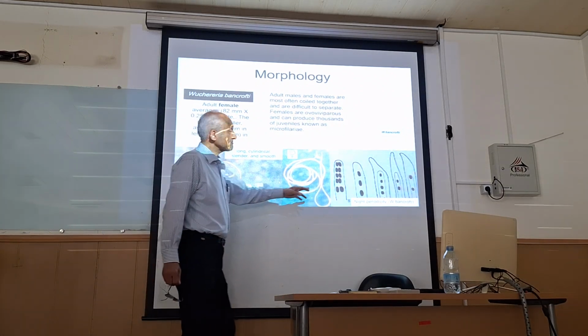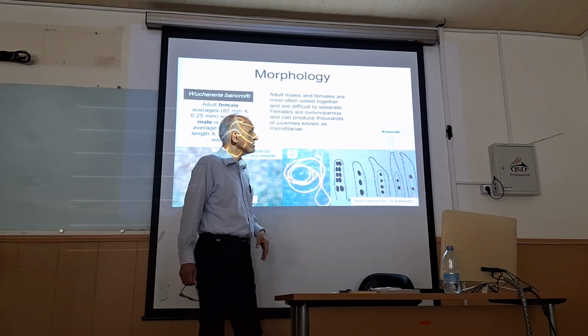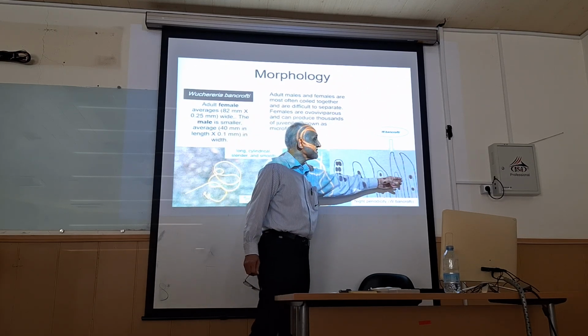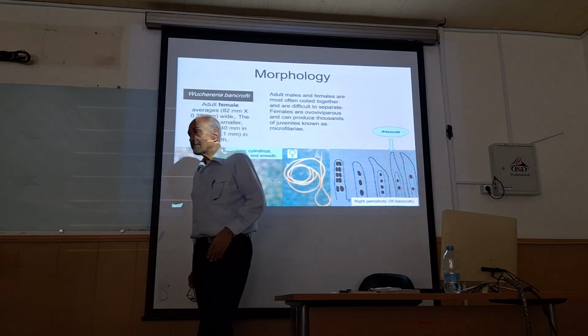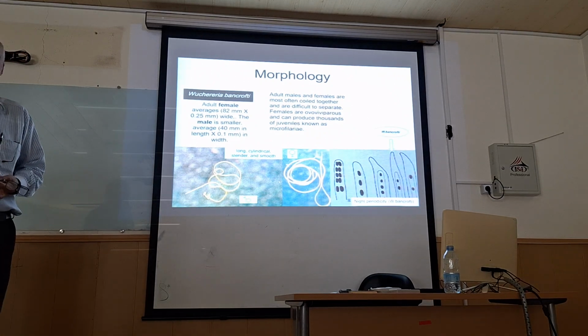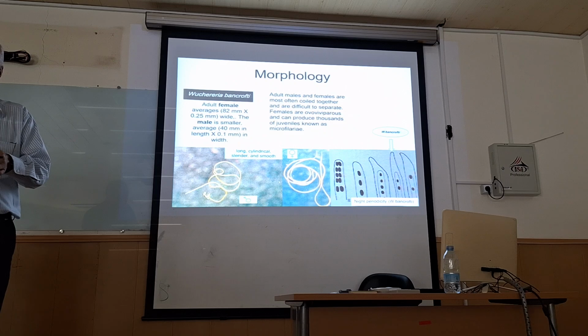Based on the sheath for Wuchereria bancrofti, Brugia malayi, and Loa loa, based on the sheath and the cells and nuclei in the body, you can define whether the blood smear that you have taken from that patient is Wuchereria bancrofti, Loa loa, or something else.